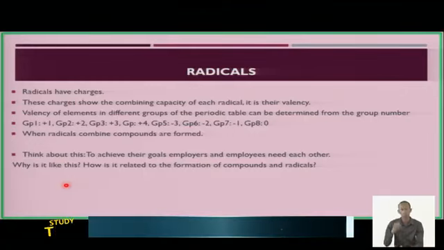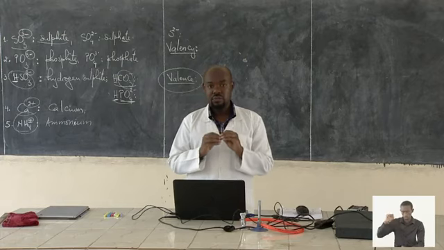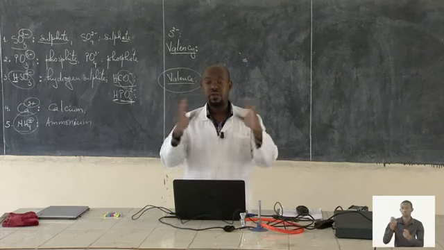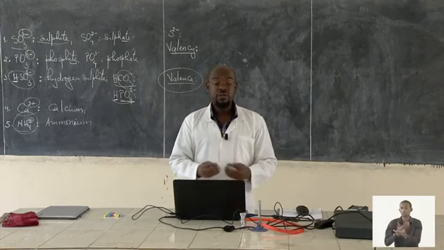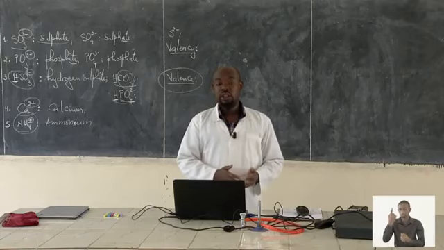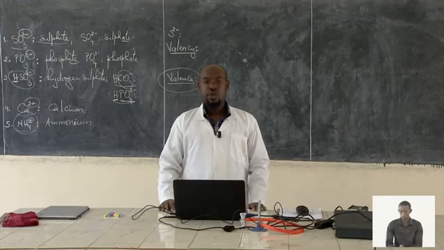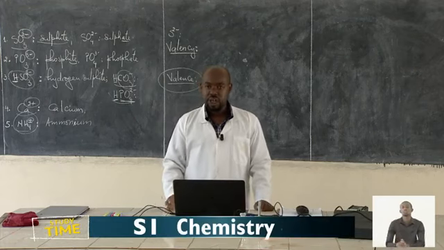Remember, we have seen that in atoms, we have electronic shells where the electrons are located, okay? The different energy levels, of course, we will have the first electronic shell, and as we go far from the nucleus, we will reach the last electronic shell.